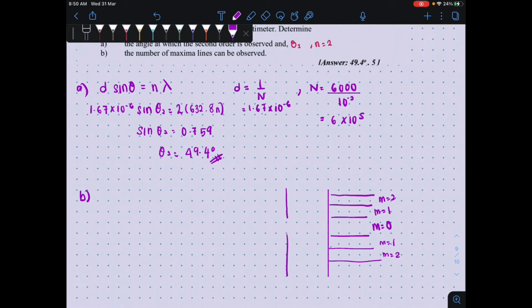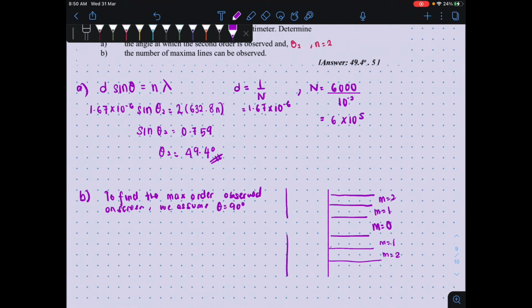Okay, to find the maximum order observed on screen, we are going to assume theta is equal to 90.